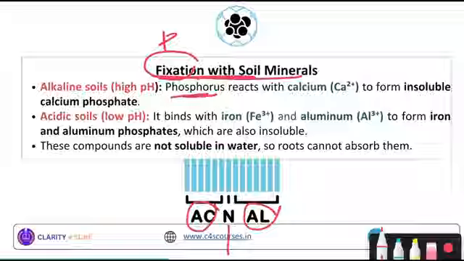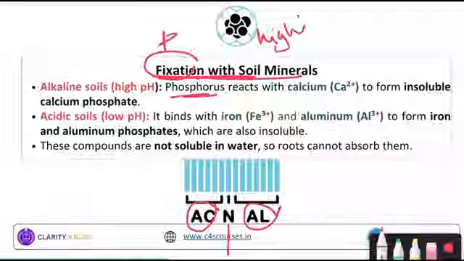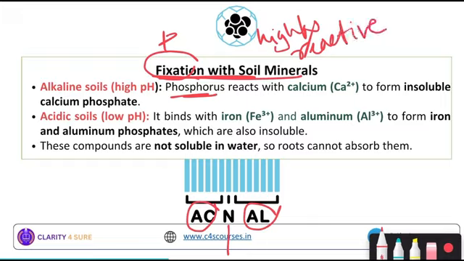So what happens? Phosphorus is highly reactive. It is a chemically reactive compound, which means it is always going to connect with something. It is always going to bond with some of the soil minerals because it is highly reactive.